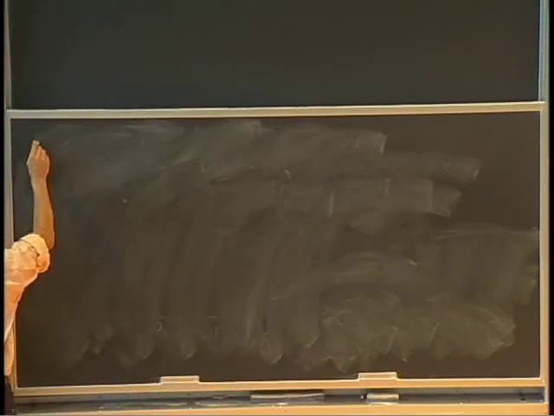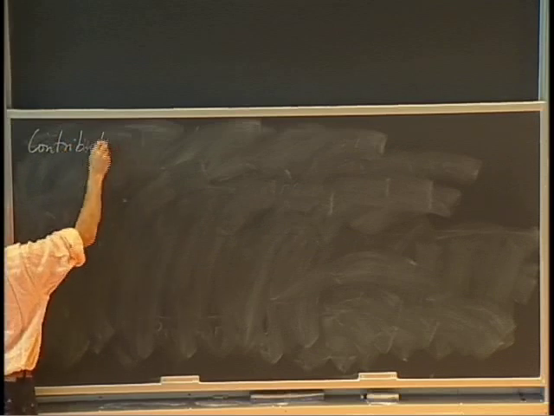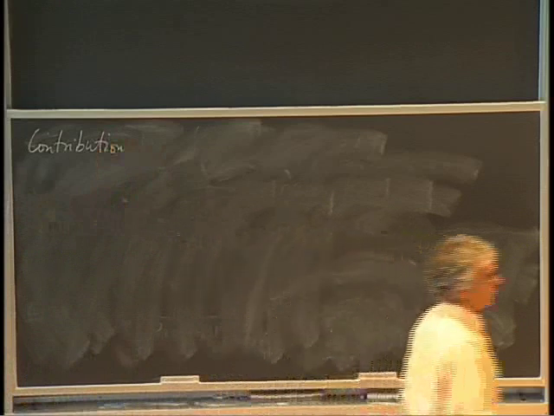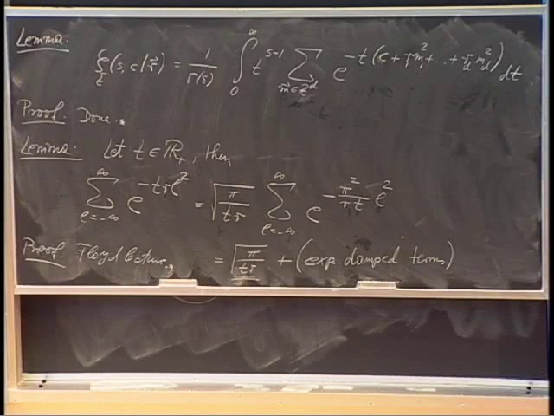So as mentioned, I want to look at the contribution coming from L equals 0, which up here will mean m equals 0. Only then I have a polynomial behavior in t and not an exponentially damped behavior.